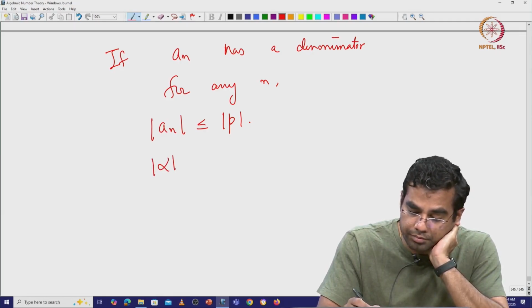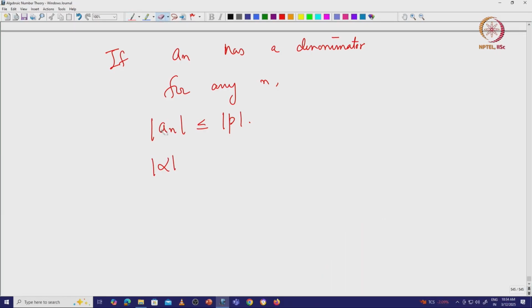Okay, let me put it like this, let me not bother myself with valuation. Or even if I am writing it in terms of valuation, let me say the following: the valuation of 1 minus zeta p to the r to the power n, right.